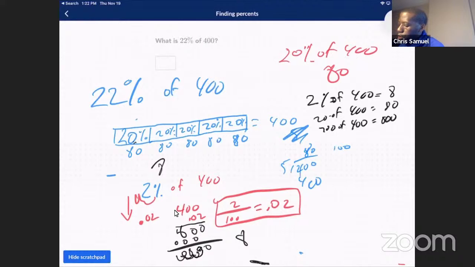So 36 goes into 240 six times. Then we put the 216 in the bottom, and subtract that.